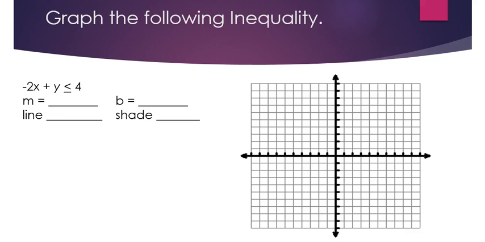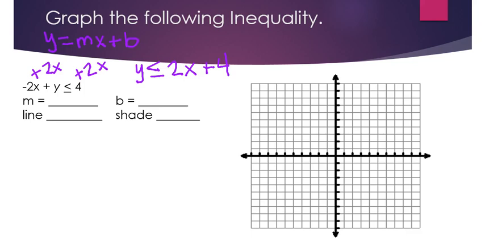Okay, so let's take a look at this one. Our first step is going to be, we have to get it in the correct form, right? We have to have y equals mx plus b. So I just need to add 2x to both sides of my inequality, and I will get y is less than or equal to 2x plus 4.